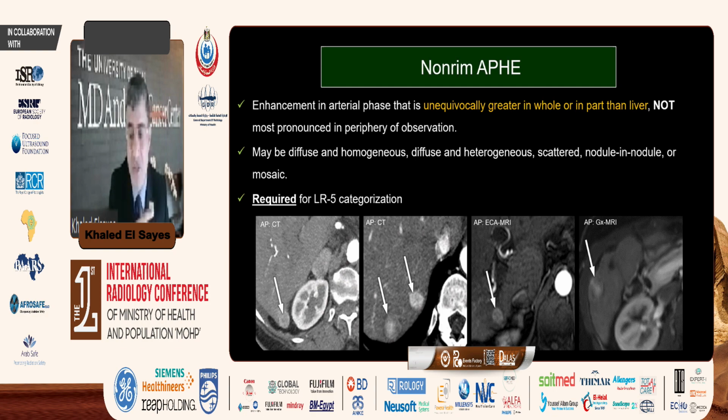It may not be just diffuse or homogeneous. It could be somewhat heterogeneous, or diffuse and heterogeneous, scattered, nodule in a nodule, or mosaic. This is really required to upgrade. So if you don't have arterial phase hyperenhancement as a major feature, non-rim arterial phase hyperenhancement, you cannot upgrade the observation to LR5.